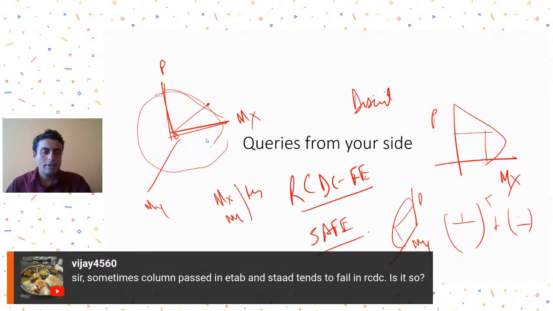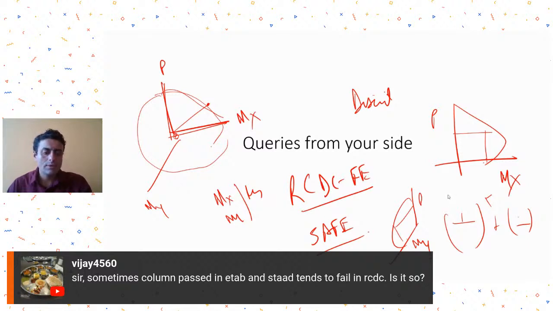Mr. Vijay 4560 is asking, sometimes the column passes in ETABS and StaadPro but tends to fail in RCDC. So as I repeatedly told you, RCDC as a default uses a slightly different approach for column design and for RCC structural wall design subjected to biaxial moments, which is called a discrete moment approach.